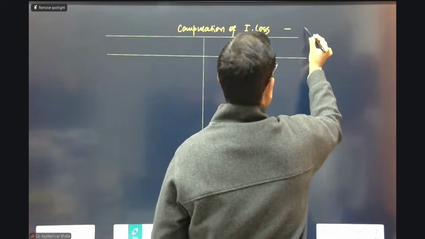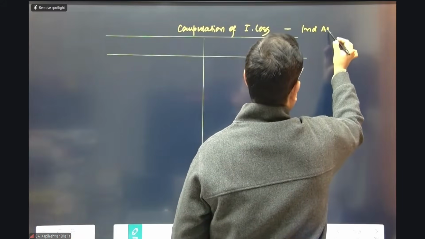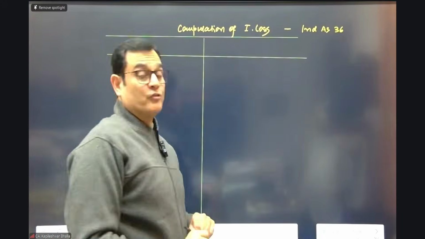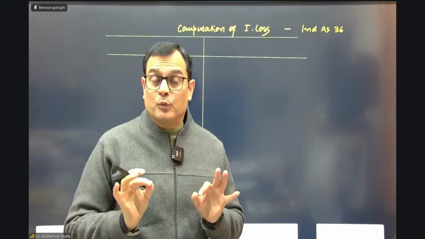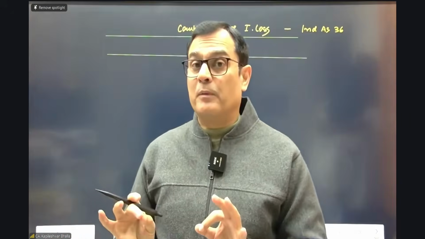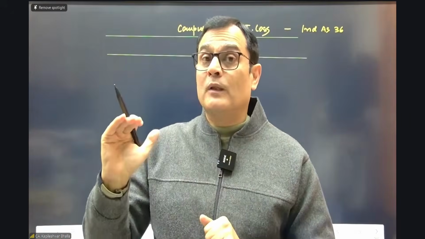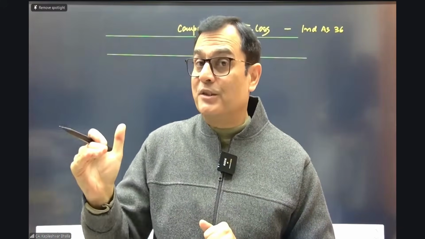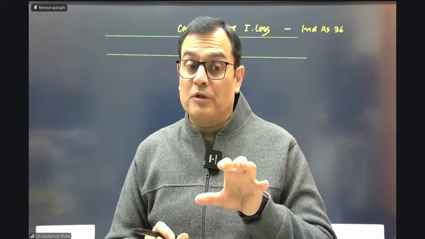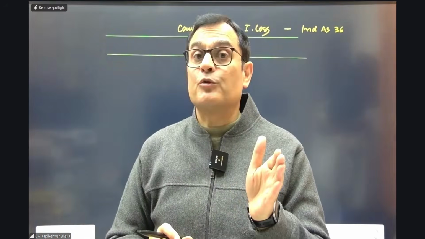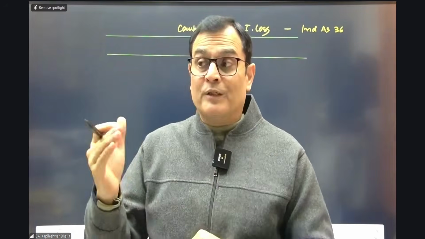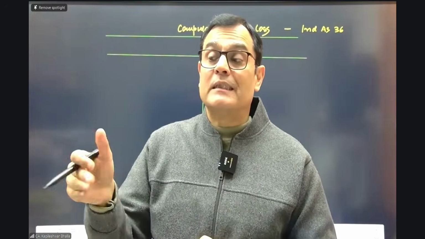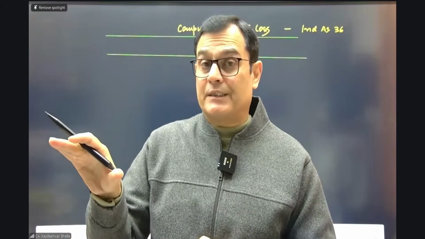Here the focus is completely on Ind AS 36. We need to be very careful when working out the impairment part. Goodwill computation is a different standard, and impairment loss computation is a different standard. When you're focusing on goodwill, your focus is 103, business combination. When you're focusing on the goodwill impairment loss, your focus is on 36.